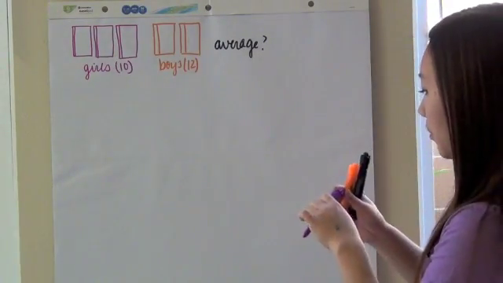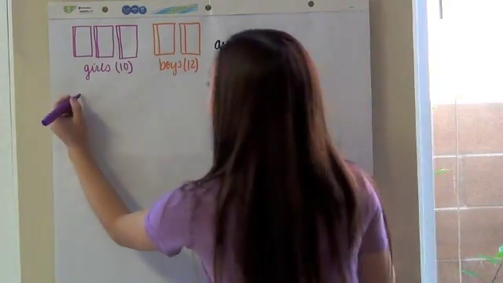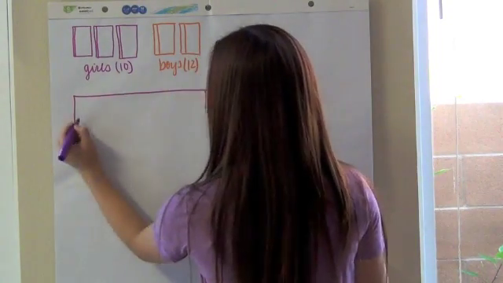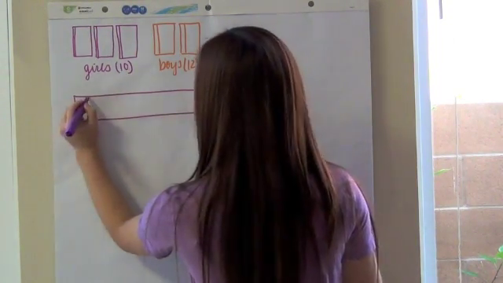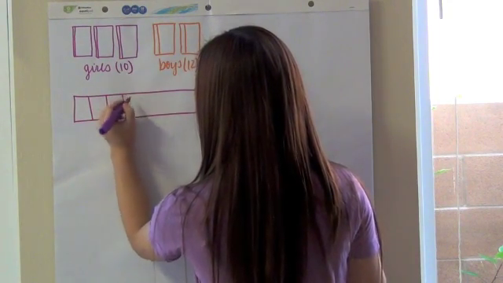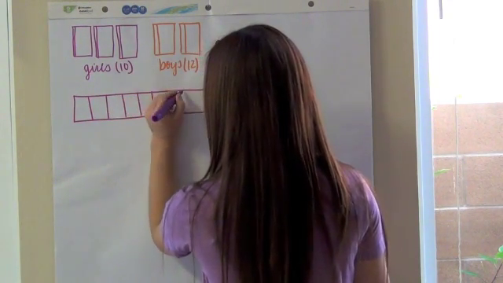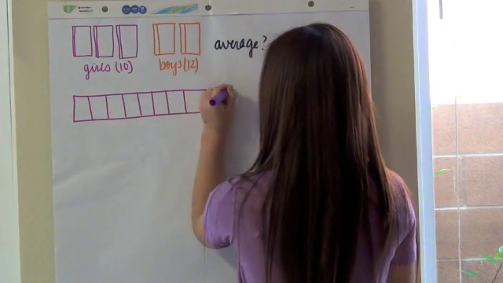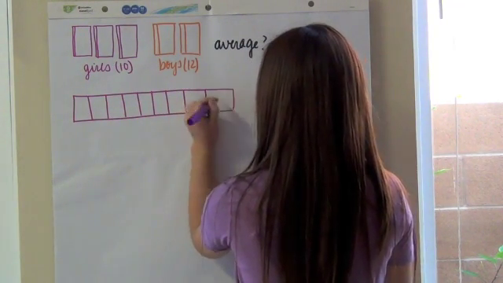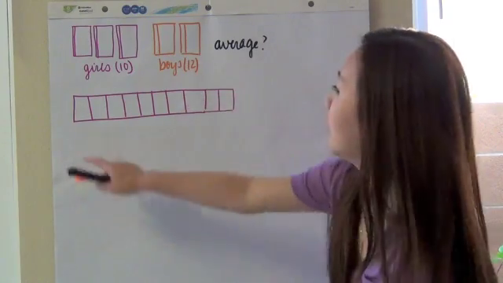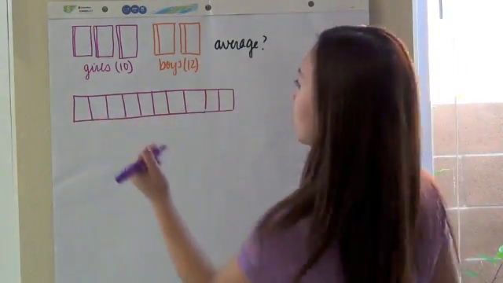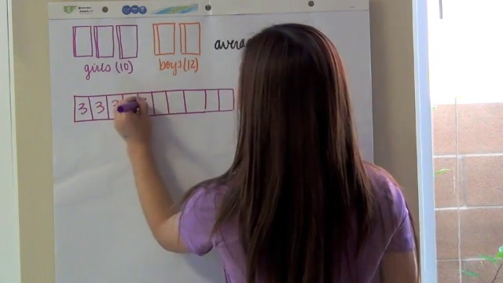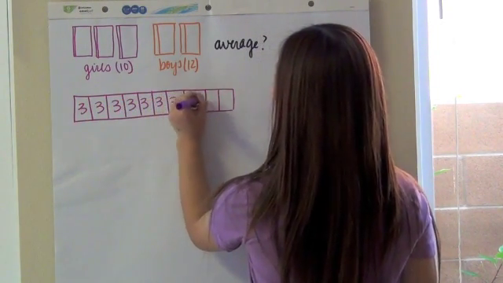So, like the previous problem, we're going to draw girls. Okay, so there are 10 girls, and each of the girls has 3 books.